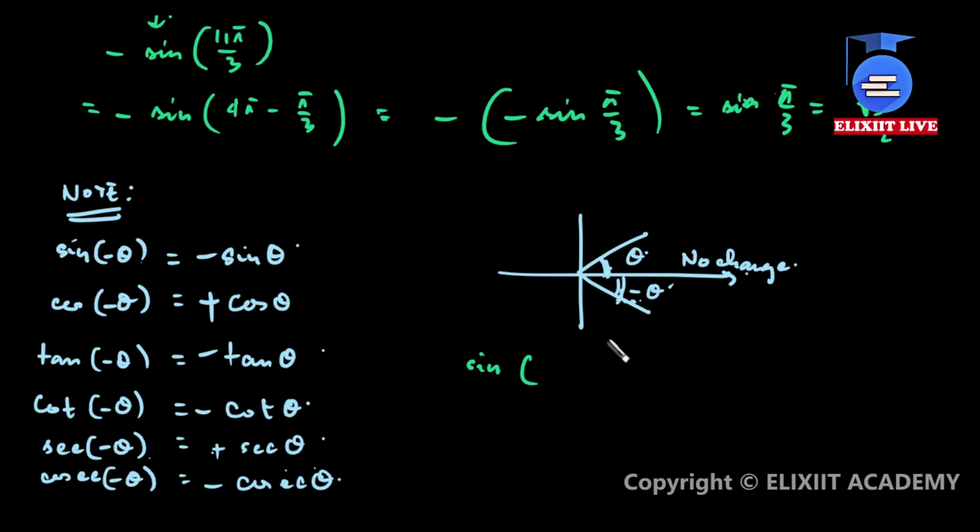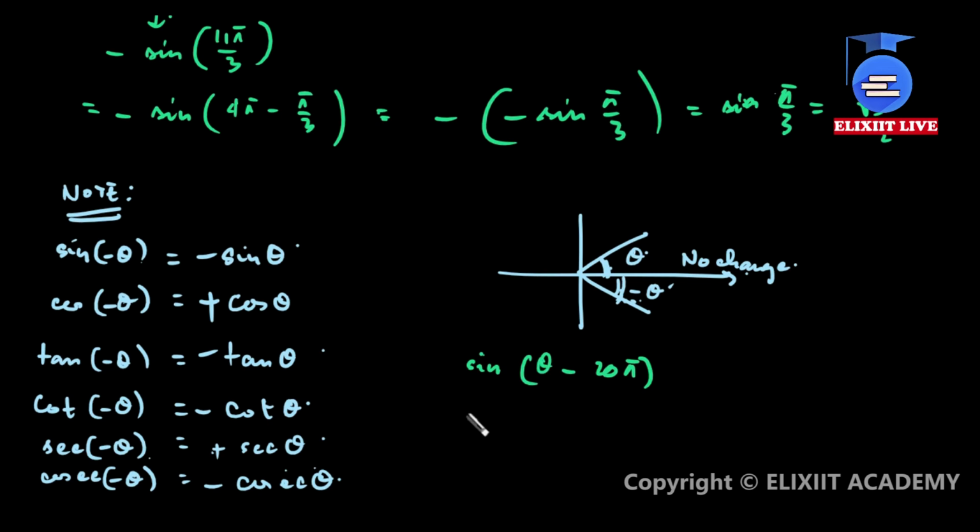For instance, suppose someone asks you, what is the use of these identities? Suppose someone asks you, what is sine of theta minus 20 pi? What will you do in that case? It is the opposite of sine of 20 pi minus theta. Sine of theta minus 20 pi, suppose someone asks you.